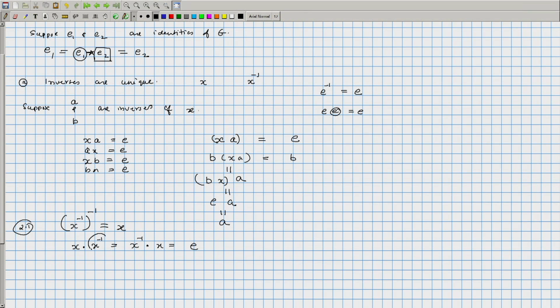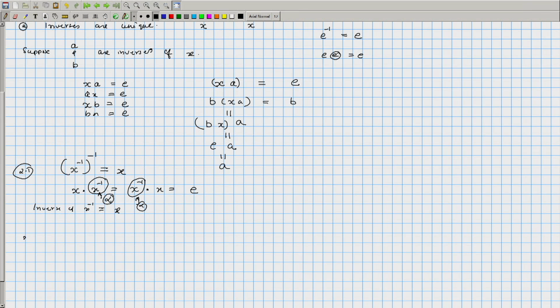Now, if you let X inverse play the role of X, then this equation says that the inverse of X inverse is equal to X, because if you denote X inverse by alpha, alpha times X is equal to X times alpha, and that is equal to identity. Therefore, the inverse of alpha must be X.